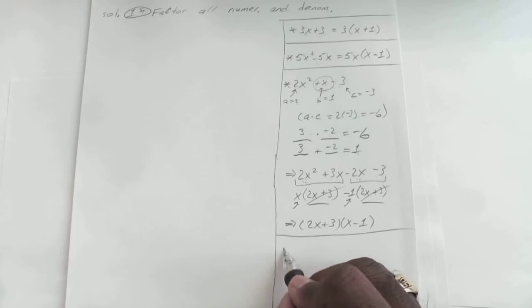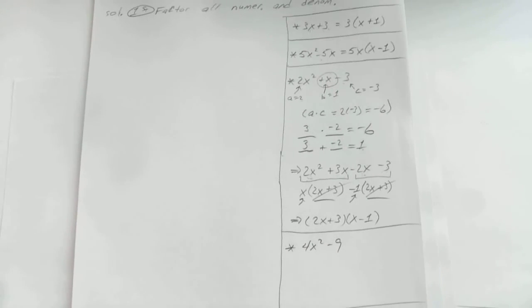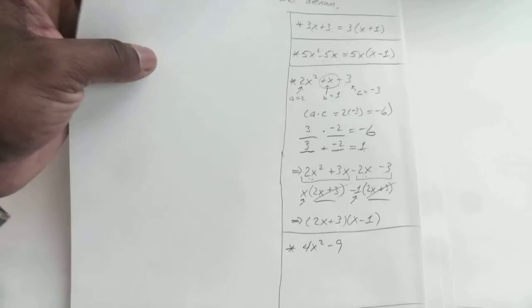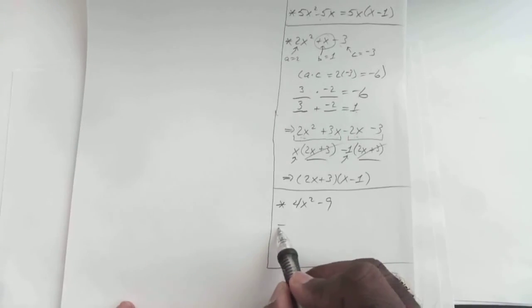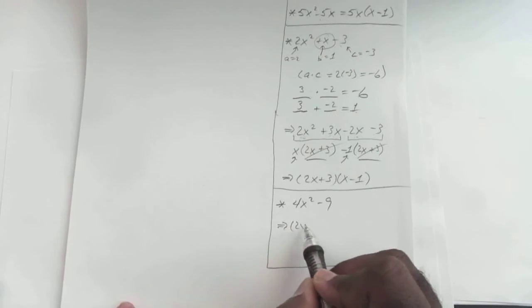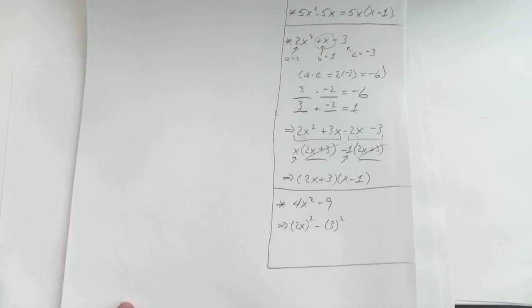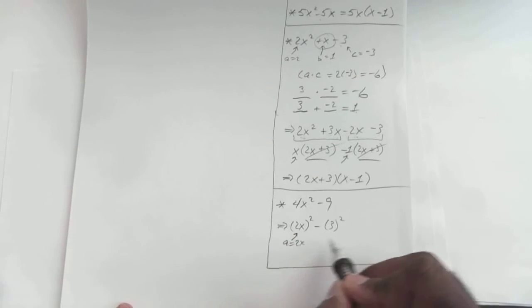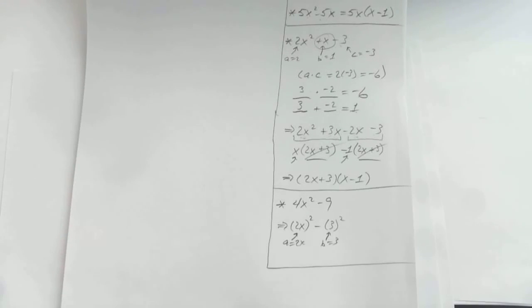So now you have 4x squared minus 9, which if you look at it is a difference of squares. Let's move this up a little bit. There we go. So we can rewrite that as 2x squared minus 3 squared, where our a is equal to 2x and our b is equal to 3.